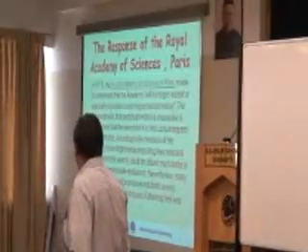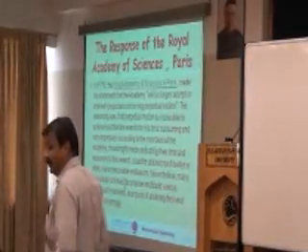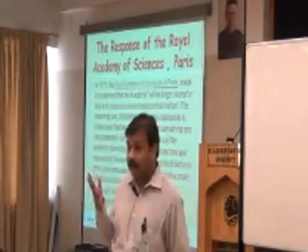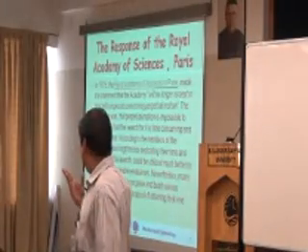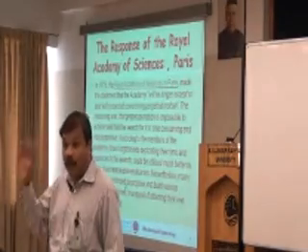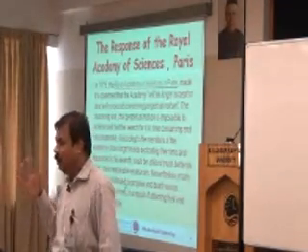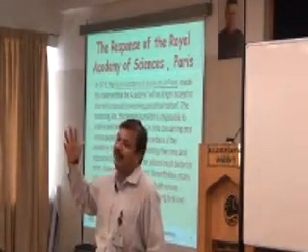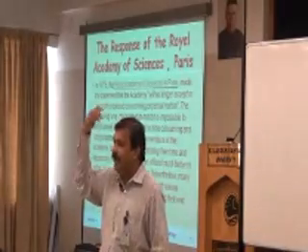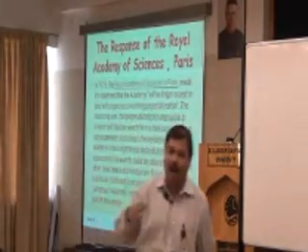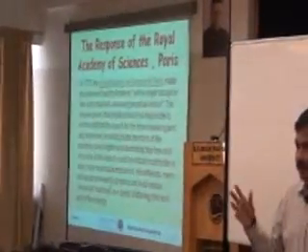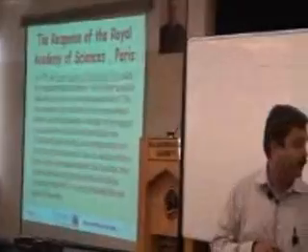Next slide, please. Now, before we come to that, the Royal Academy of Sciences. In 1775 it made a royal proclamation. I don't know whether you know about the Royal Academy of Sciences. It was the highest body of science at that point of time, in the 17th, 18th and 19th centuries.